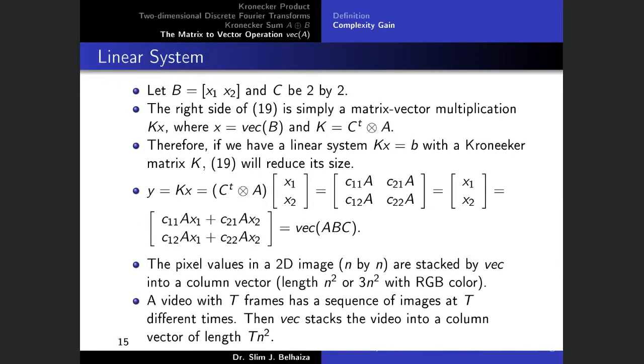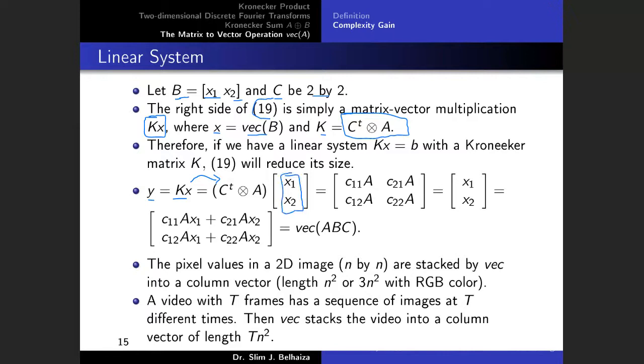So, for example, for the linear system, if you assume that B is x1, x2, and C is a 2 by 2 matrix, the right side of 19, in fact, is simply a matrix-vector multiplication. So we assume here that y equals Kx, where x is the vectorization of B and K is the Kronecker product C transpose by A. Here I just substitute K by C transpose Kronecker A, times x.